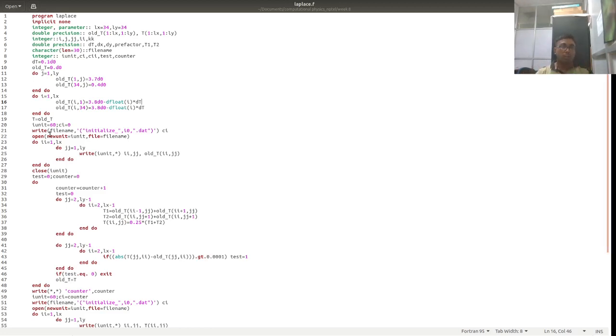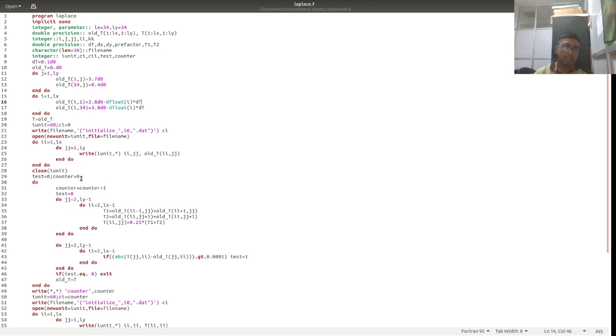We are going to write the temperature distribution as well as the grid coordinates in a file, initialize I0 dat, so that it will store all of the values at the initial stage, before the iteration for achieving the steady state solution is just starting.